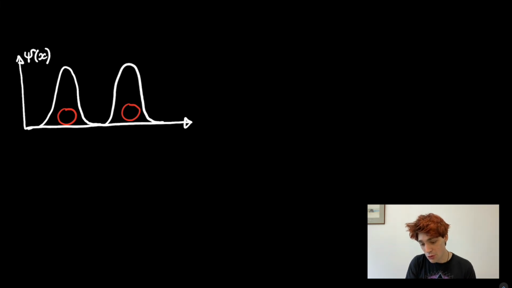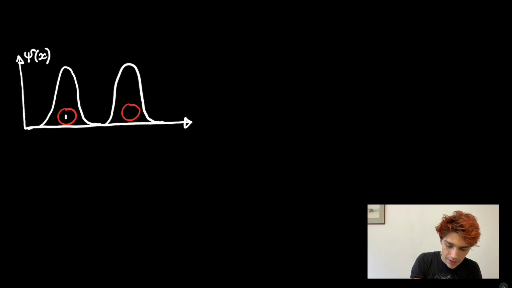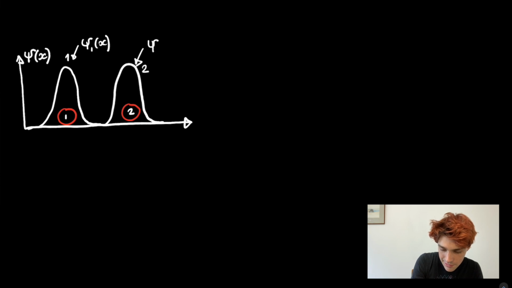I've actually drawn two wave functions right here because there's going to be one wave function per particle. So if this is particle 1, this curve right here is the first wave function, and we're going to call that psi 1 of x. And this, likewise, is the second particle, and the second curve is going to be psi 2 of x.